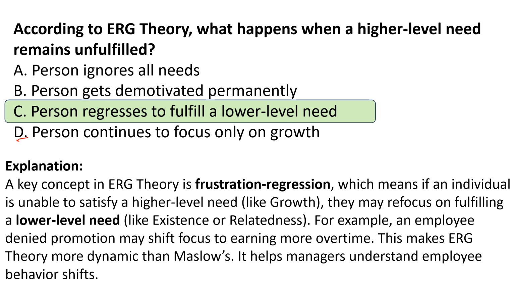That is what this theory is explaining. For example, an employee denied promotion may shift focus to earning more over time. This makes ERG theory more dynamic than Maslow's. It helps managers understand employee behavior shifts.